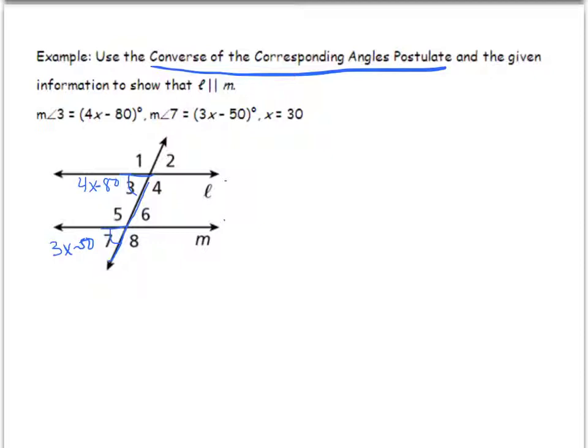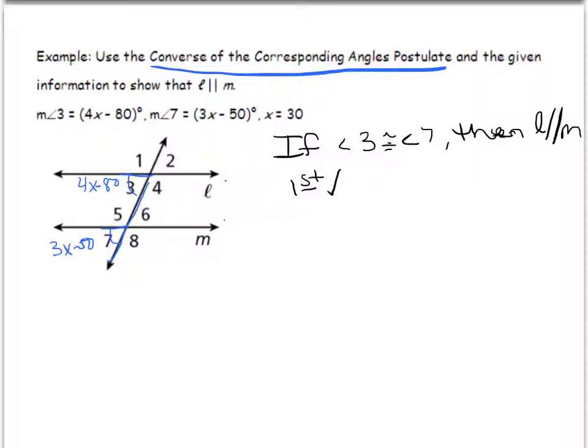So let's write this out so that you guys can see. If angle 3 is congruent to angle 7, then we know that line L is parallel to M. First we have to check if the measure of angle 3 is equal to the measure of angle 7.